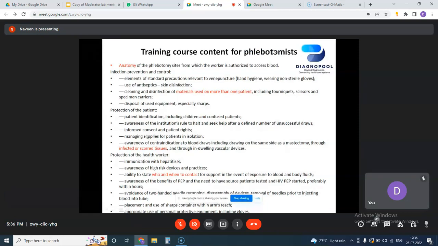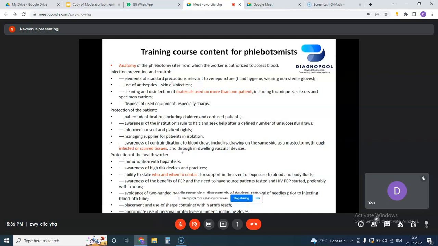At least the indent should be done 15 to 30 days before the material expires. And also always remember at the site of needle entry there should not be scars or infected wounds. Always avoid those areas.